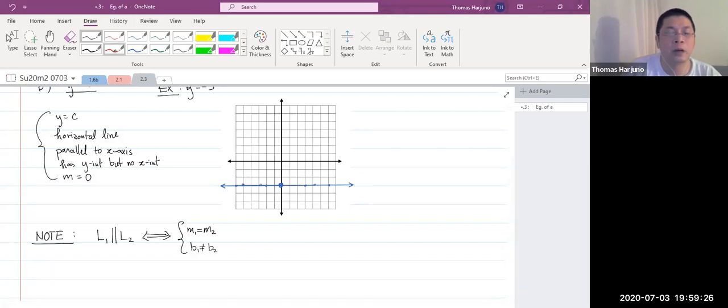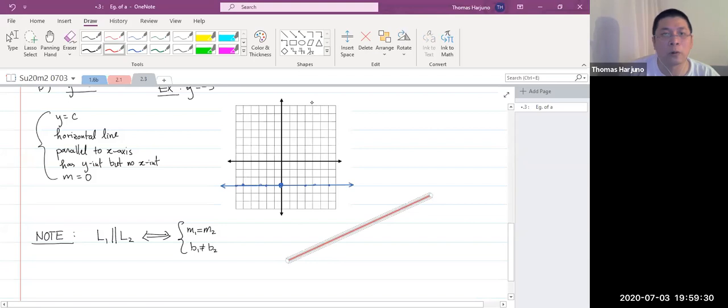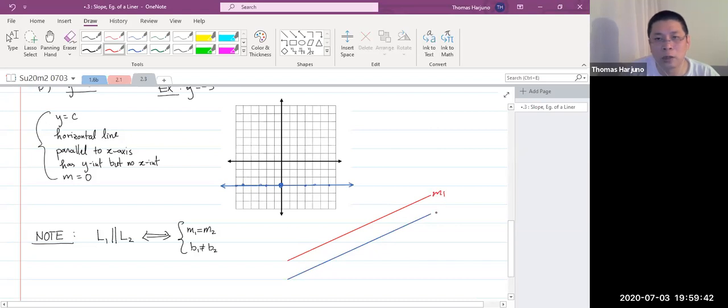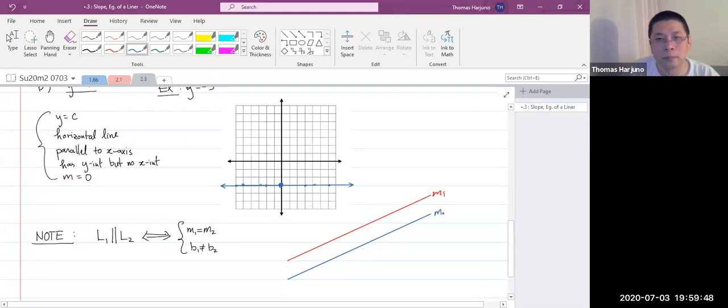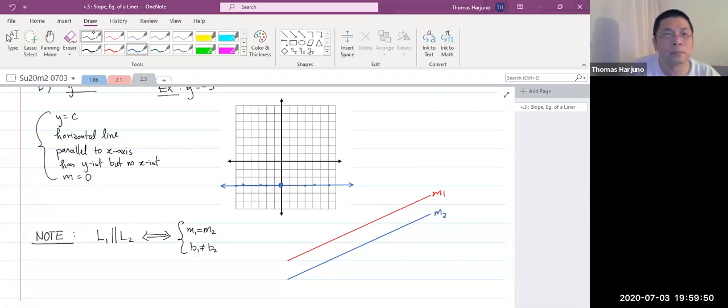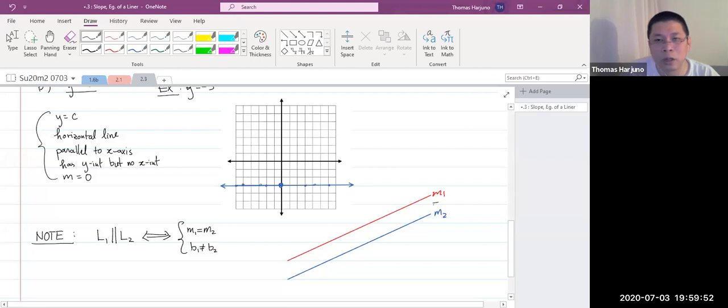Two lines are parallel if they have the same slope, but they don't intersect at all. The slopes here and the slopes here are the same. Equal, but no point in common.